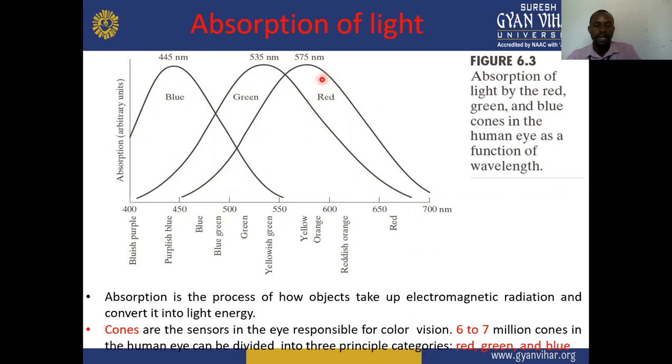Lastly, we have the red light. Red light has the absorption peak at 575 nanometers, and it can spread up to the length of 700 nanometers.